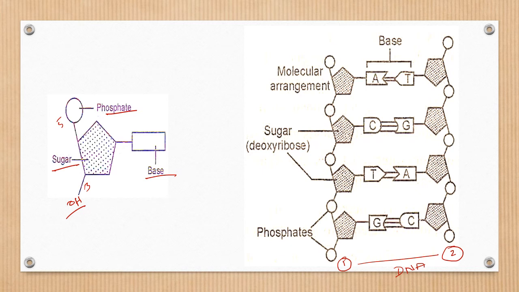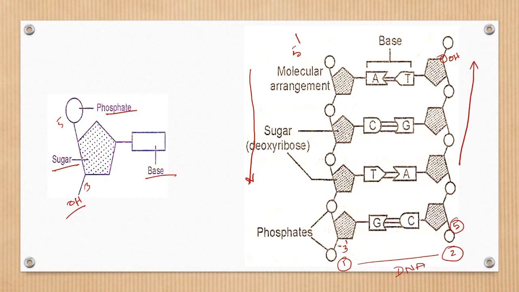One end is the 5' end and the other is the 3' end, which carries the 3' OH. One chain runs in the 5' to 3' direction and the other runs in the opposite direction.